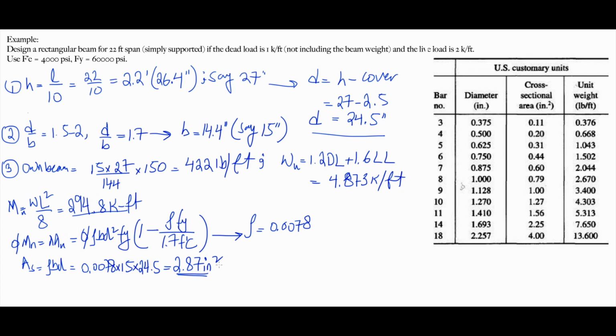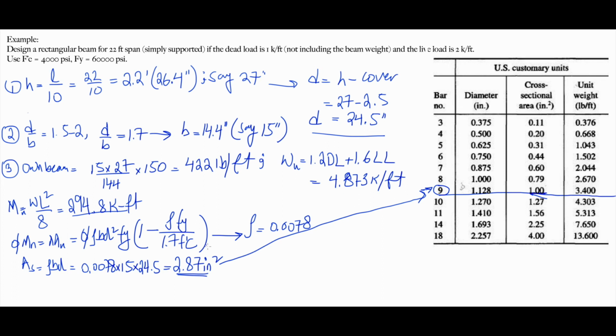So we'll go to this table. I want to achieve 2.87 inches squared. Now, if this gives me 1 inch squared here, choosing 3 bars of diameter 9 will give me 3 inches squared.